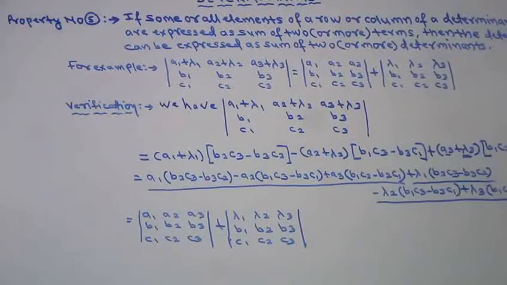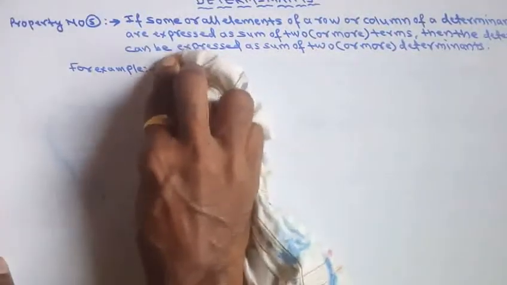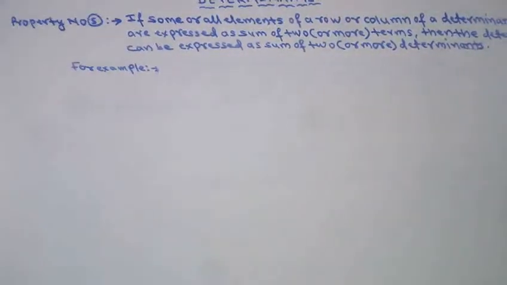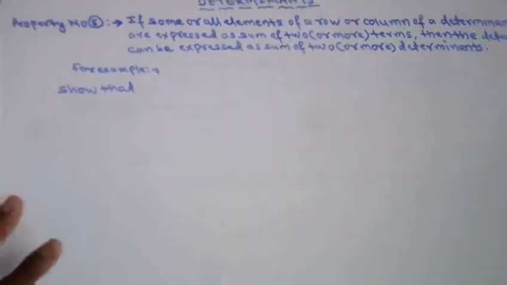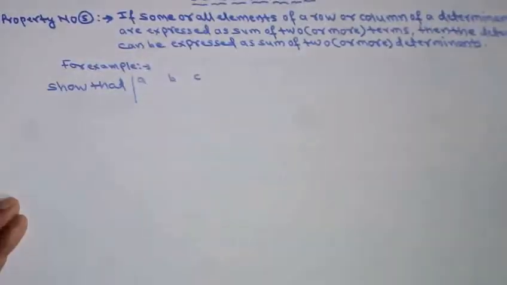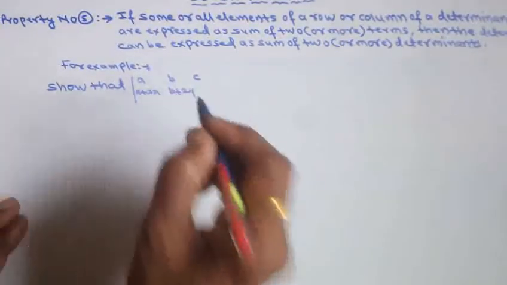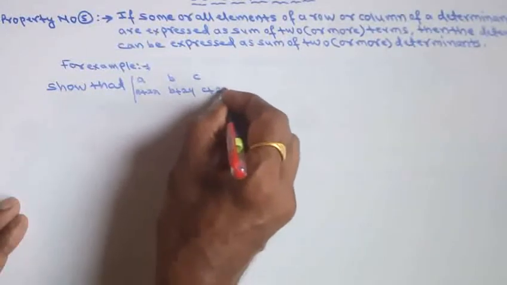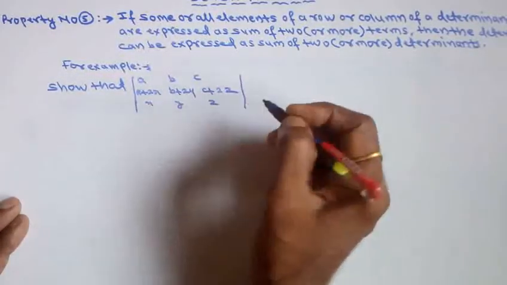Now let us take an example of this. Show that the determinant with rows A, B, C; A plus 2x, B plus 2y, C plus 2z; and x, y, z is equal to 0.